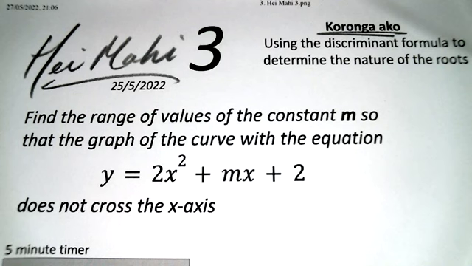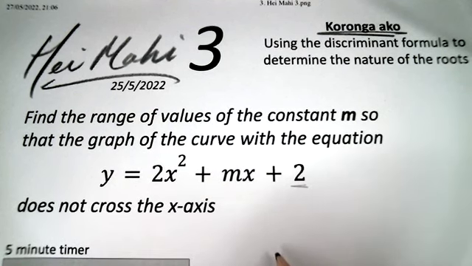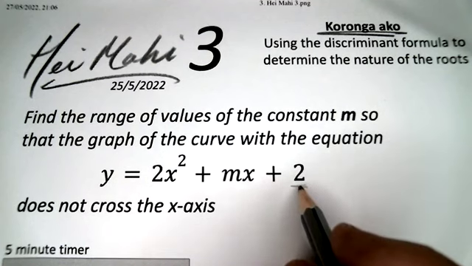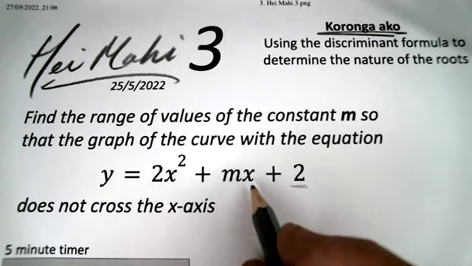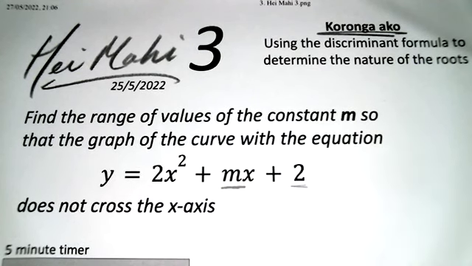All right, so this time, last time we found the C part of the equation, where the coefficient of C was missing. This time the coefficient of the B term is missing, and we've called it M in this case.